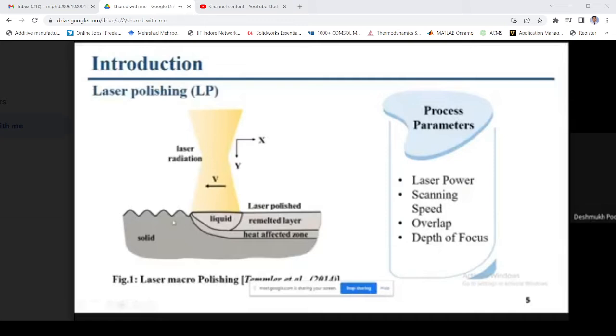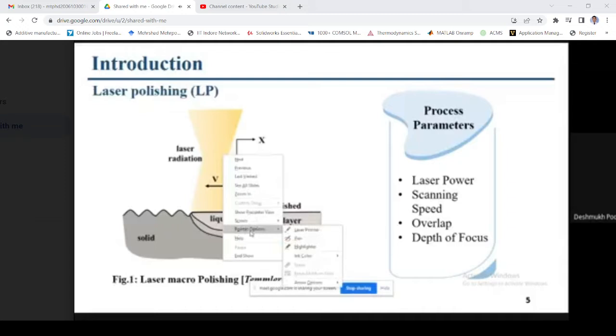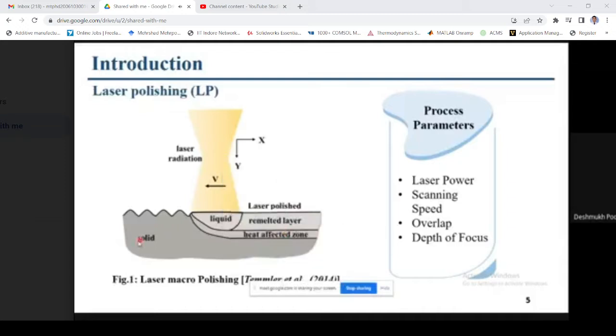We can see that here is an irregular surface which has some peaks and valleys, or we can say there are irregularities in the shape of peaks and valleys.